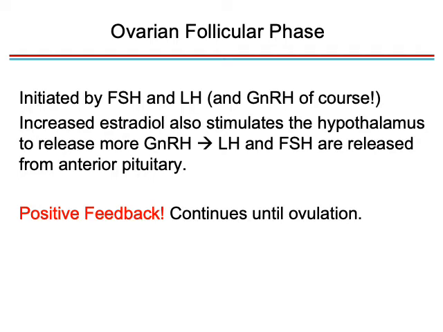Thus, prior to ovulation, in this 5 to 7 day period, estrogens have a positive feedback effect on its release. This causes a very quick and large production of estrogens.